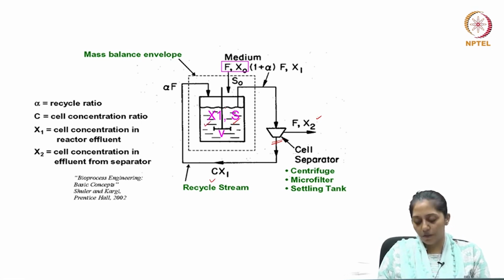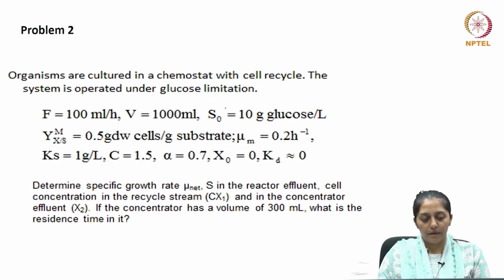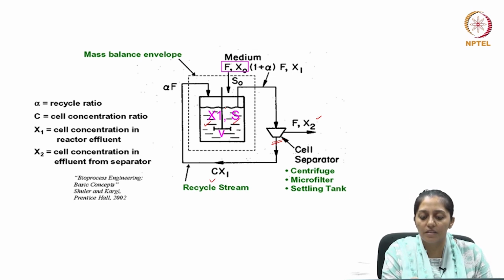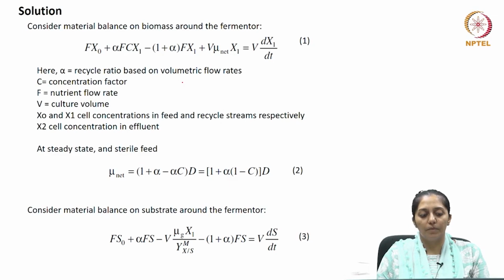Now, in order to determine this, let us first list down what has been given to us and do a mass balance across this reactor. If you see the dotted line, it is the system boundary, and we will do a mass balance across this system boundary for the biomass.